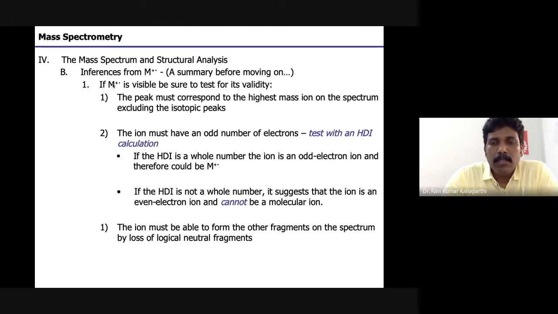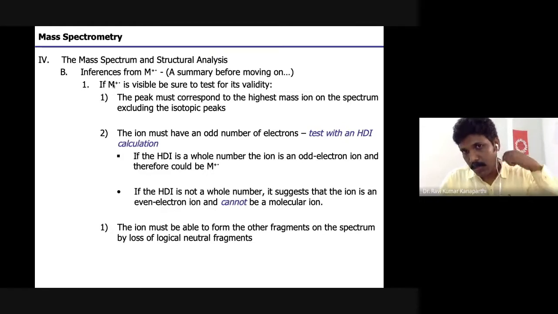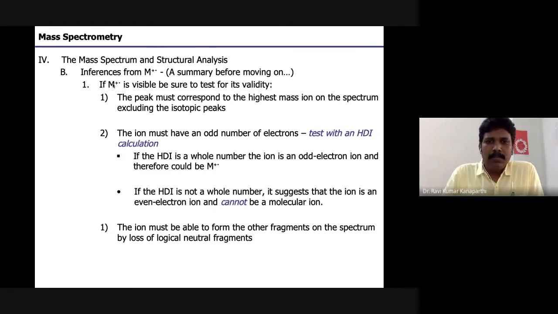Then you can apply the rule of hydrogen deficiency index, HDI, and calculate it using the formula which I gave in the previous class. If it is odd, then there is a chance that it will be your molecular ion. If it is even, then such a peak cannot be the molecular ion peak. So if it is odd, there is a high possibility that it is your molecular ion.